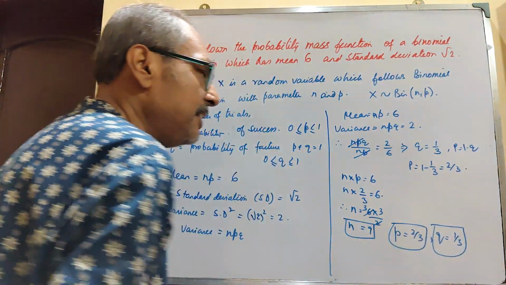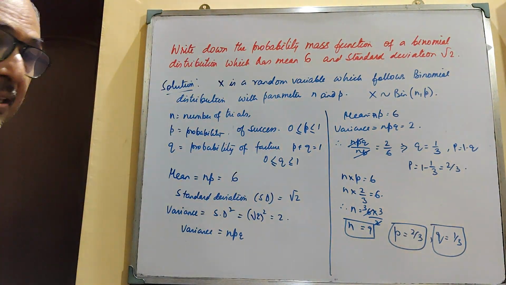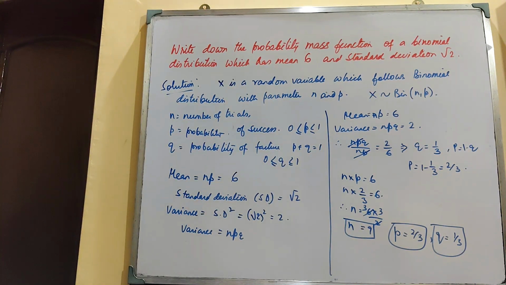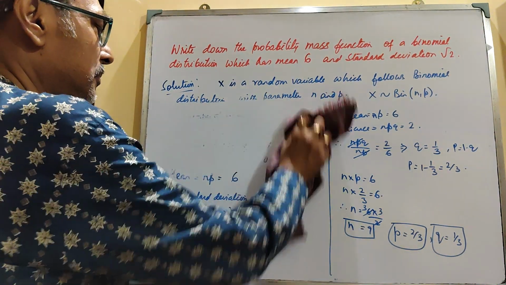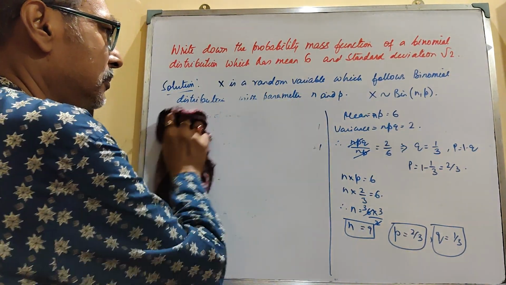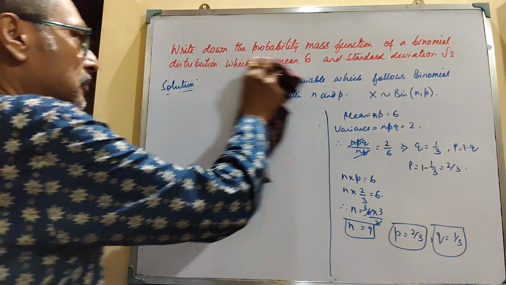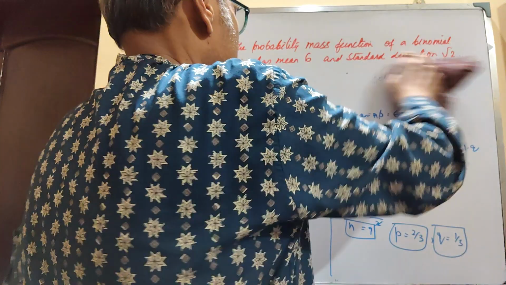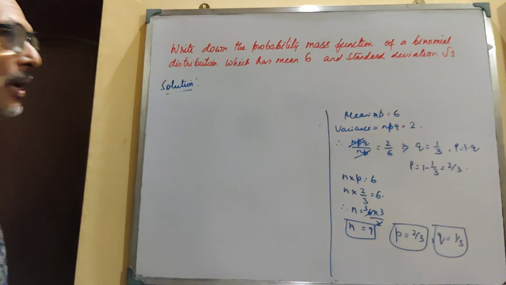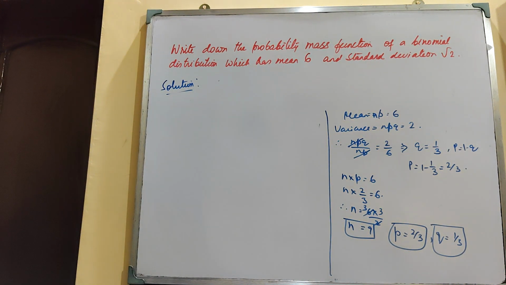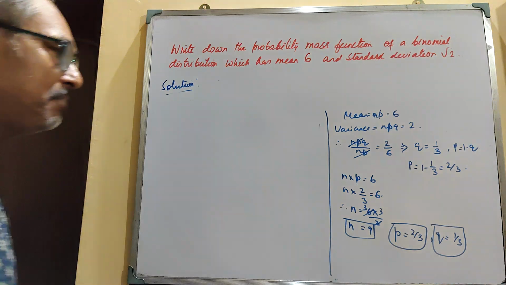Now we write the PMF of the binomial distribution. PMF is the short form of probability mass function.